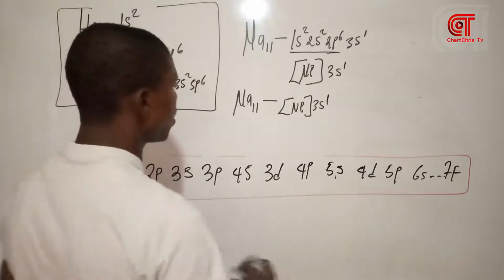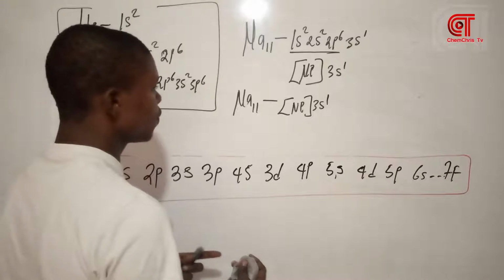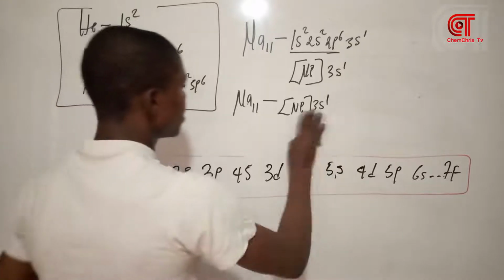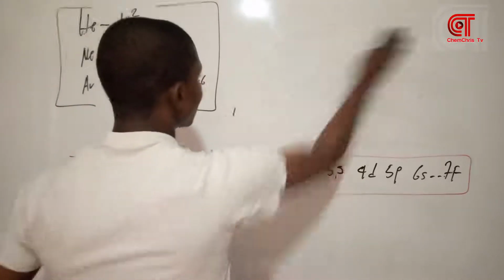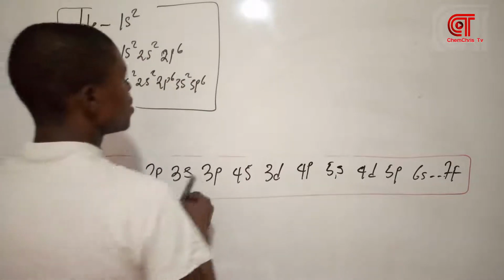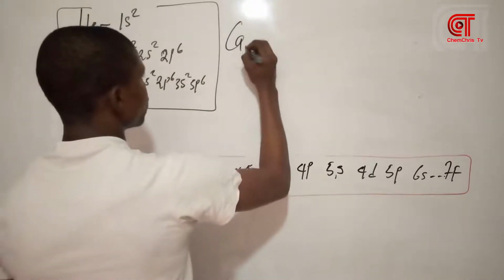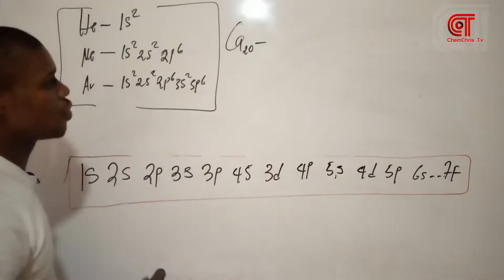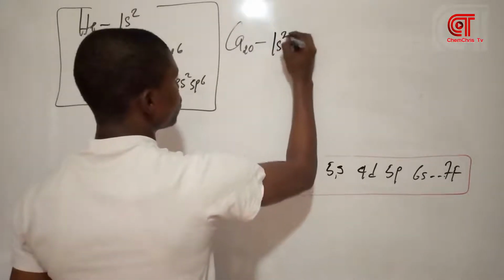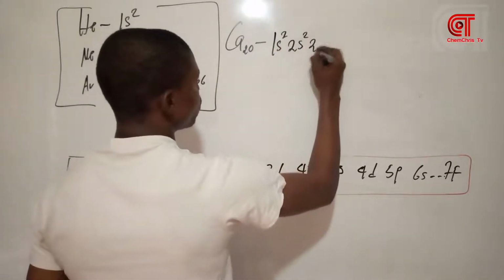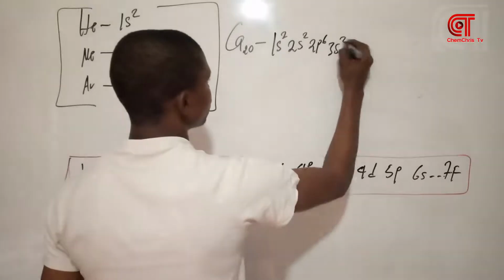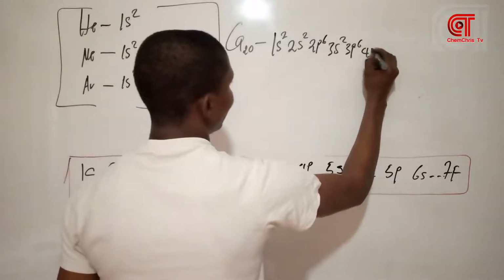Now let's do calcium. Calcium, Ca, is 20. If you want to write the electronic configuration, we have 1s2, 2s2, 2p6, 3s2, 3p6, 4s2.